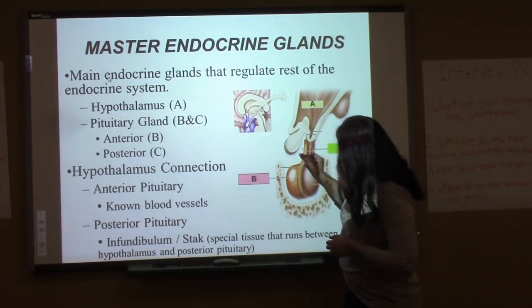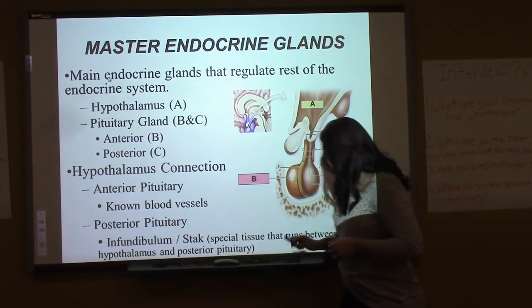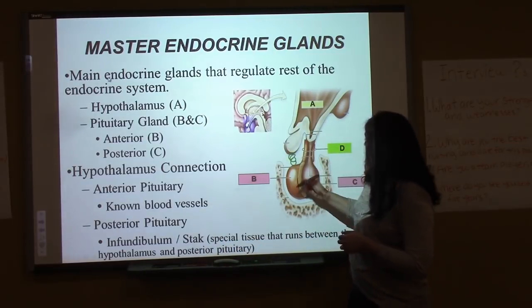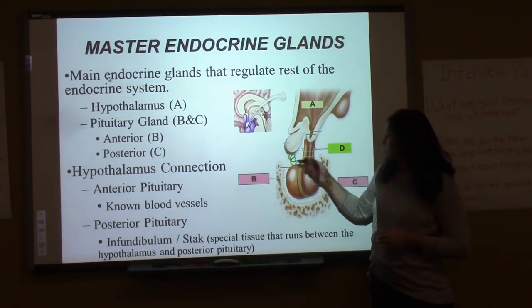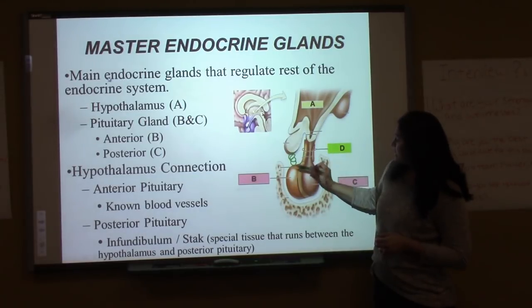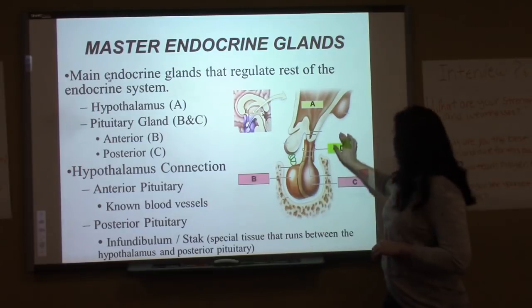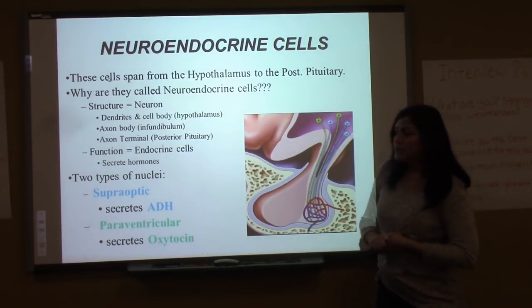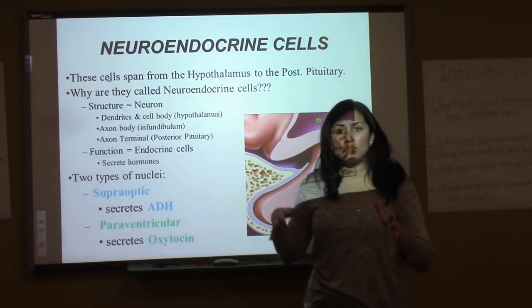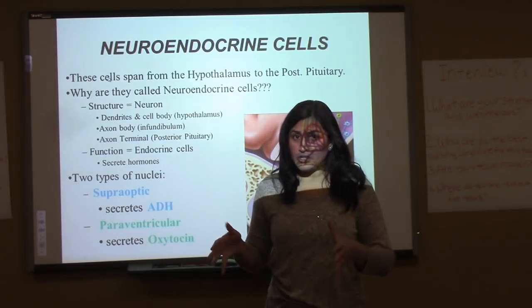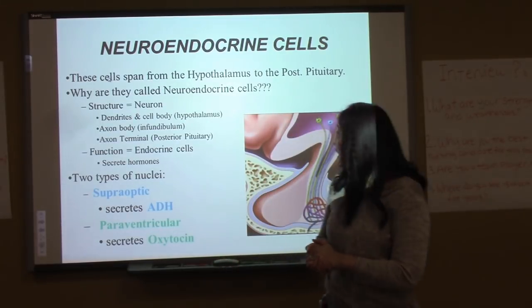As you can see, these are specialized blood vessels that only span from the hypothalamus into the anterior pituitary. Now, let's focus on the hypothalamus and the posterior pituitary first, and then we'll look at the other ones.